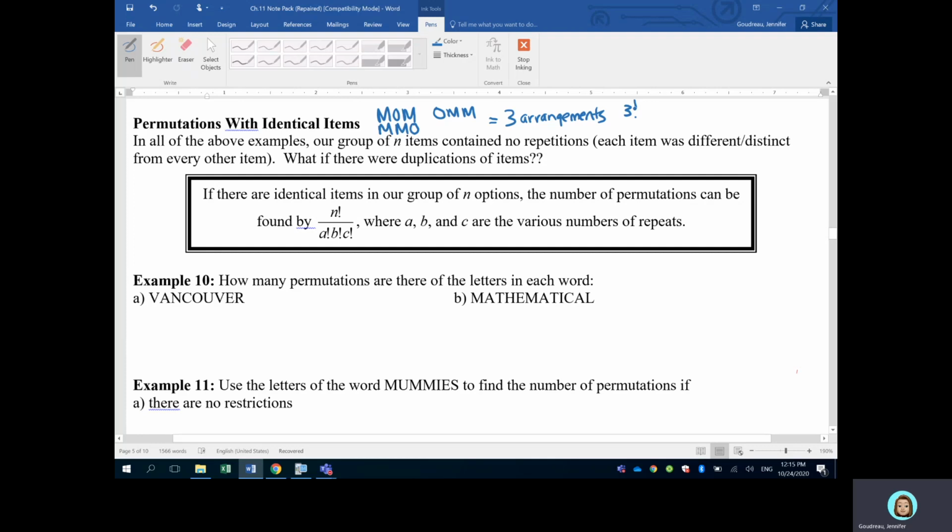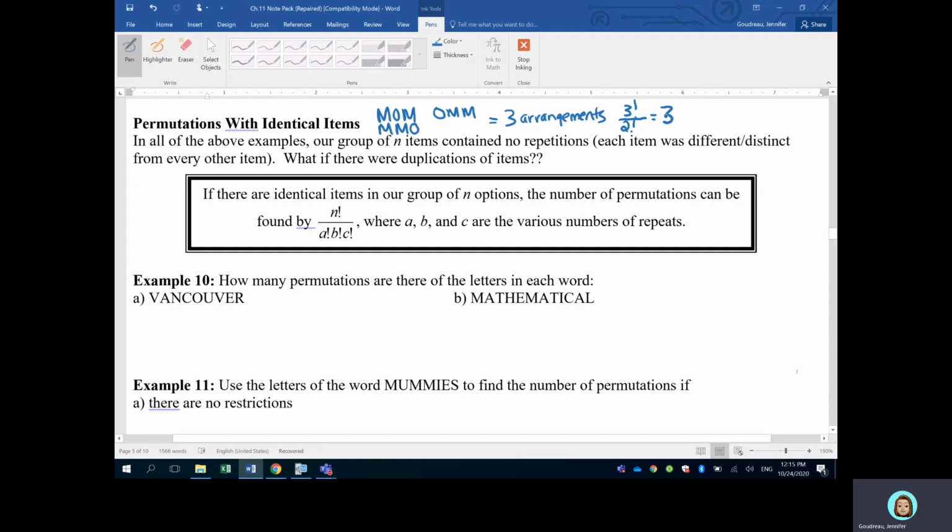Arranging 3 items, we can only use each of them once, 3 factorial. But because the rearranging of the M's does not create a new permutation, we divide by 2 factorial, which is the arrangements of the 2 identical M's. 3 factorial divided by 2 factorial gives us our 3 arrangements.